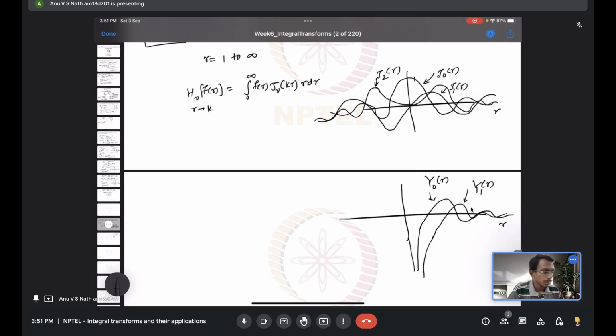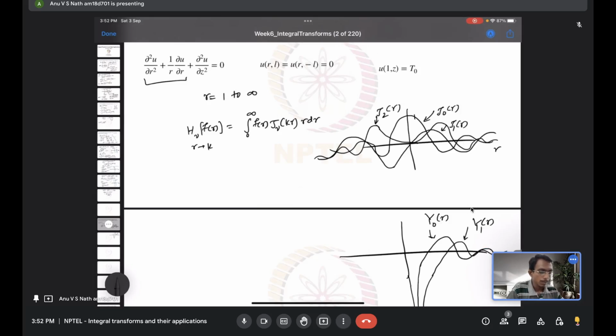So these two sets of solutions together are the two independent solutions of the Bessel differential equation, which is a second order differential equation.